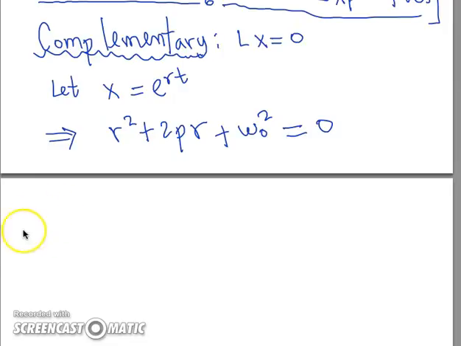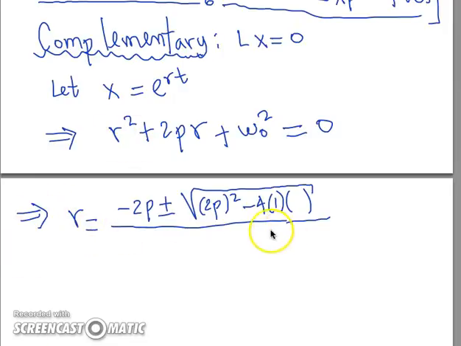Solving for r by application of the quadratic formula, we have r equals minus 2p plus or minus the square root, and everything here is divided by 2 times 1. The argument of the square root is the square of 2p minus 4 times 1 times omega 0 squared, right?